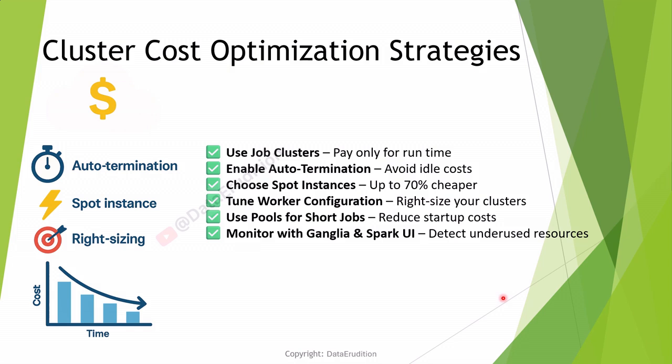Another one is to choose spot instances during configuration, use pools for short jobs, and monitor with Ganglia and the Spark UI, which detect underused resources. So these are some strategies that you have to follow whenever you are going to configure a cluster, right?